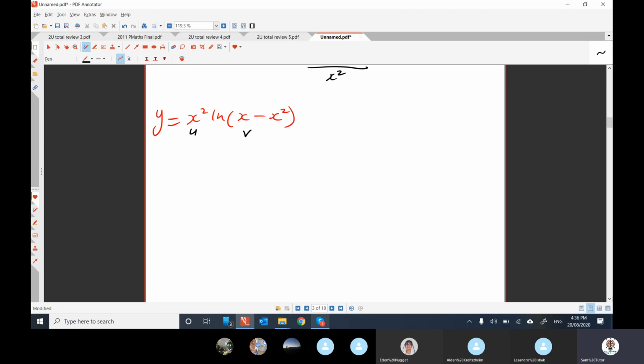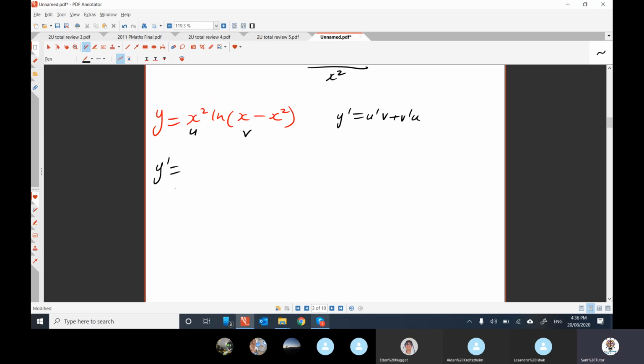There's two different terms. There's your x squared, then there's your log. That's one whole thing together. Cool? It doesn't matter what the bracket is. It's a log. So that's one function, and then you get your x squared. That would be another function. All right, you have to use product rule. Again, product rule is u dash v plus v dash u.